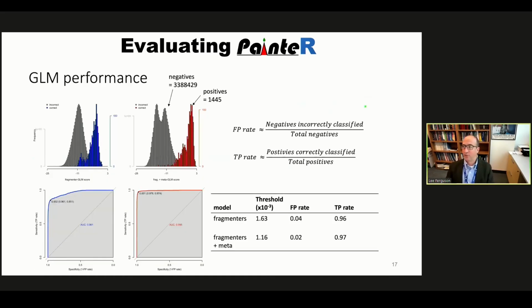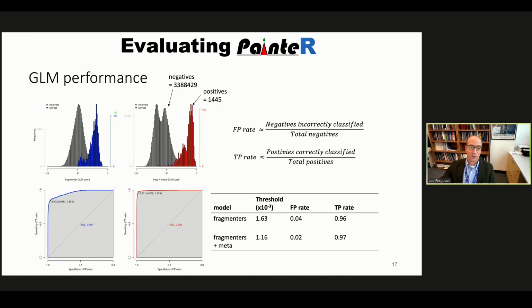If we take a look at the actual performance of the model itself in terms of false positive and true positive rate, these are the ROC curves, receiver operator curves, and the separation in score distributions for both negative, so wrong answers, versus right answers, for our test set of 1,445 test molecules.